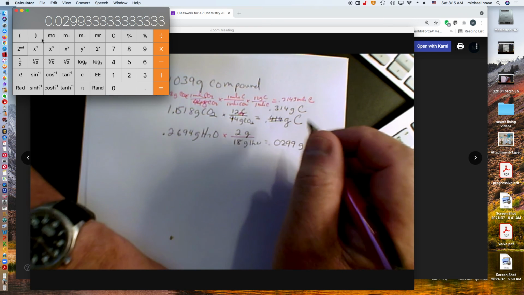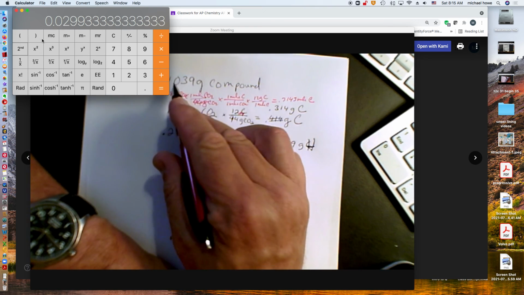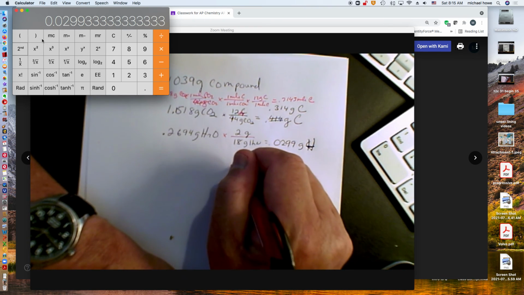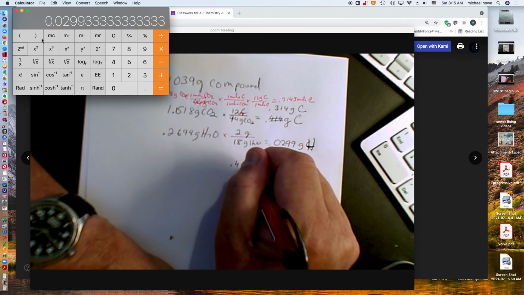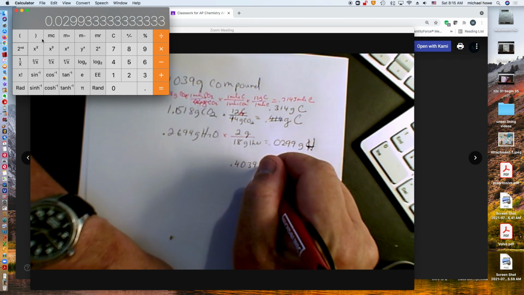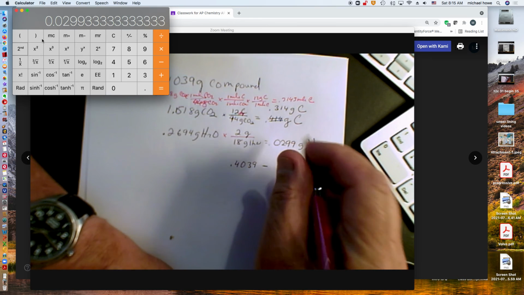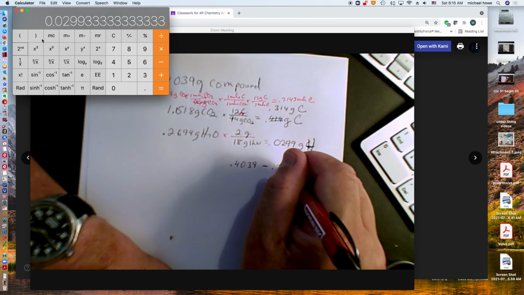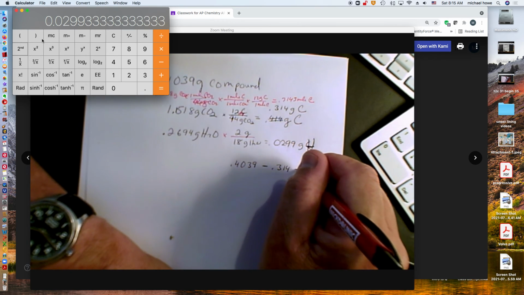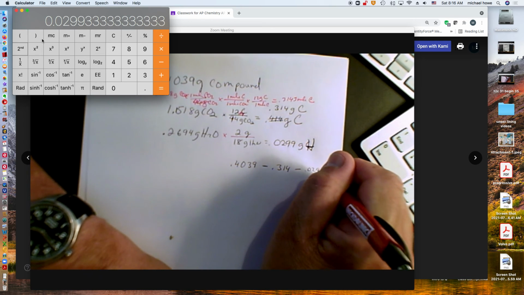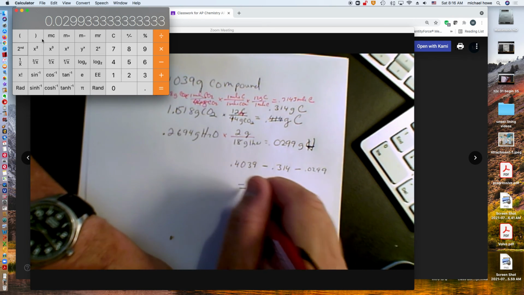All right, so now if I take my total mass of compound, which is 0.4039, and I subtract 0.314, and I subtract 0.0299, I'm going to get the grams of oxygen.